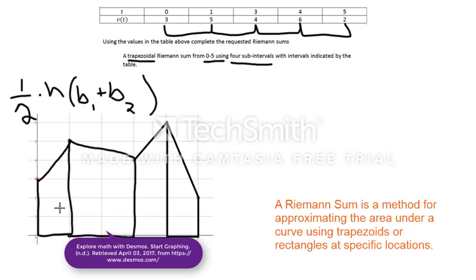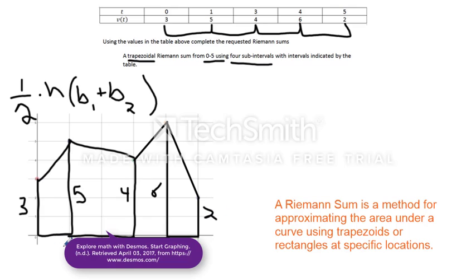So here, for our first trapezoid, what we'll notice when I'm calculating the area is that this is base 1 and this is base 2 in this particular case. So for this we end up with base 1 being 3, base 2 is 5, then we end up with 4, and again these values are coming directly from my table, 6, and then lastly we have a 2.